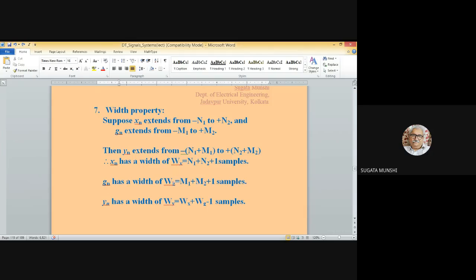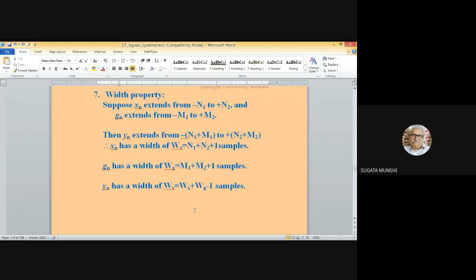Sum of Wx and Wg, then you have to subtract 1. All right. So that will be the width of y[n], which is the convolution of x[n] with g[n]. So this property you must remember carefully. Other properties you will remember automatically, but this one is important.